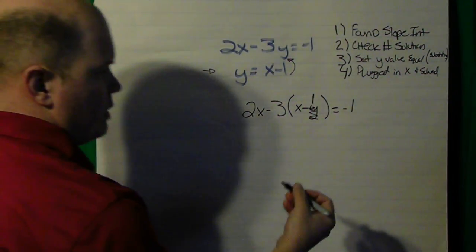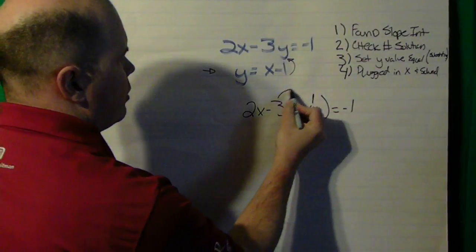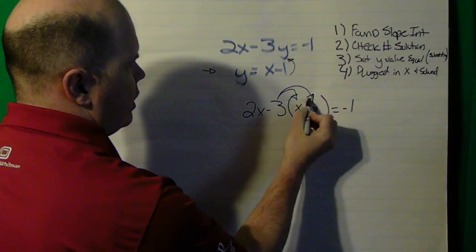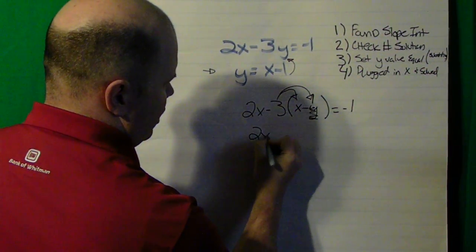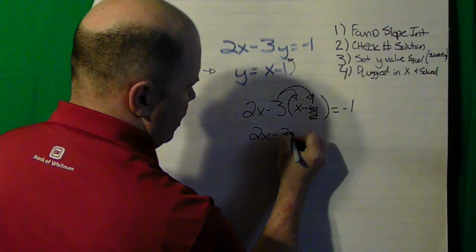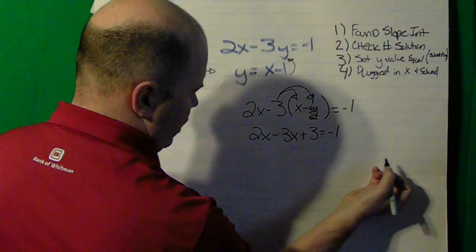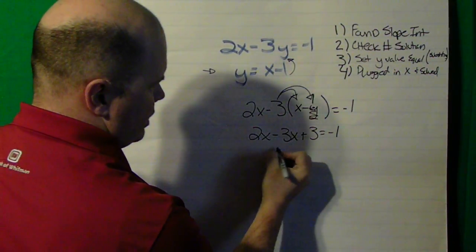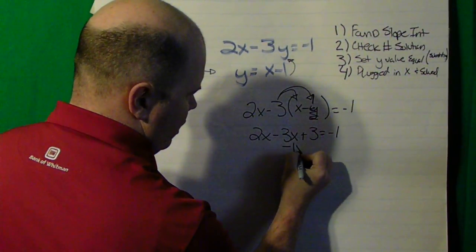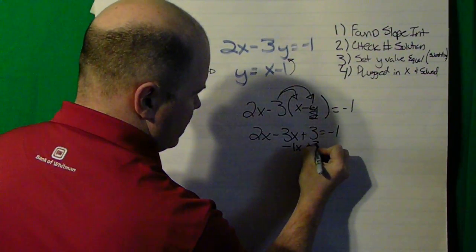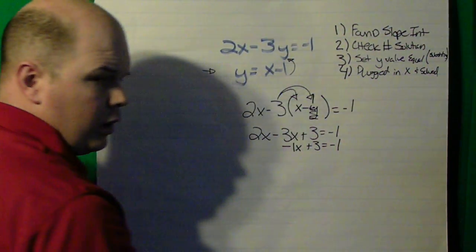Okay? Now I'm just going to go through and solve for x. So I'm going to distribute my 3 into that equation. I'm going to get 2x minus 3x plus 3 equals -1. 2x minus 3x is -1x plus 3 is equal to -1.